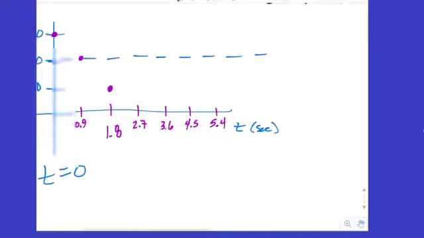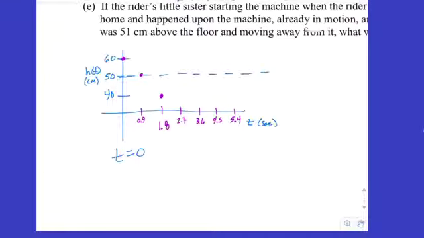Yeah, the ones place is getting bigger by 1, and the tenths place is getting smaller by 1. Those are just multiples of 9 with a decimal in between. Cool. Do we have at least 5 points marked for one cycle? Yeah, we do. Because he started it at t equals 0, we don't need any negative values graphed because we're not going to have to extrapolate back in time.